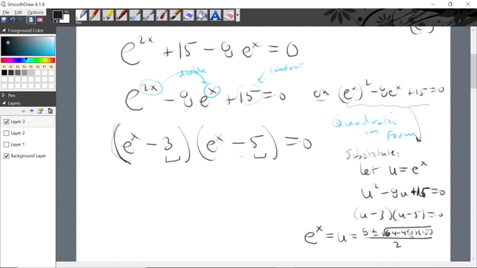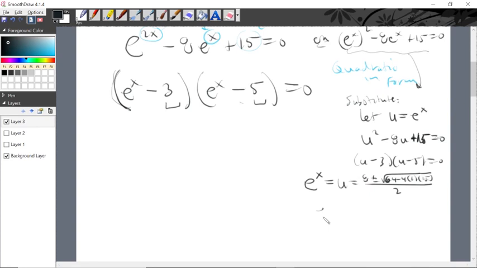When we simplify this expression over here, we would get potentially two quantities in general. It would be that e to the x is equal to those two quantities. What are those quantities going to be in this case? We're going to get e to the x is equal to either 3 or e to the x is equal to 5 in this case.